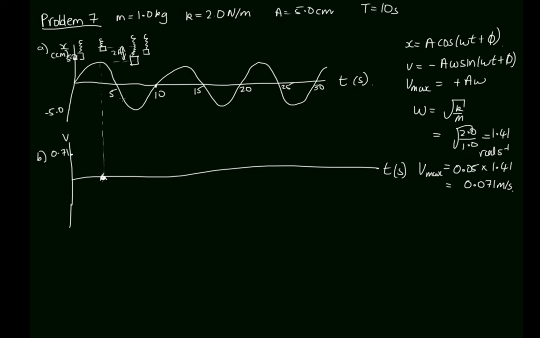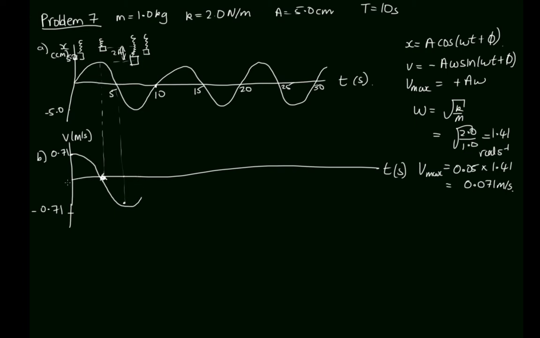And then here, when it's going through that equilibrium position again, it's going to have its maximum velocity, but in this case it's moving downwards, so that's a negative maximum velocity, so that's minus 0.71, and this is the velocity in meters per second. And so you can see that it's going to look like this.